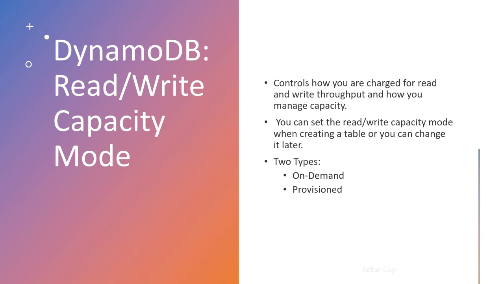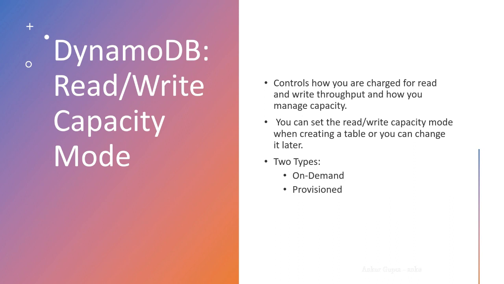So it's a pay what you use model, and you will be charged for the amount of resources that you utilize. Let's say your application has an unpredictable workload and you do not know beforehand when the spikes of traffic would occur, or the traffic varies a lot, then this is the mode that you should go with.